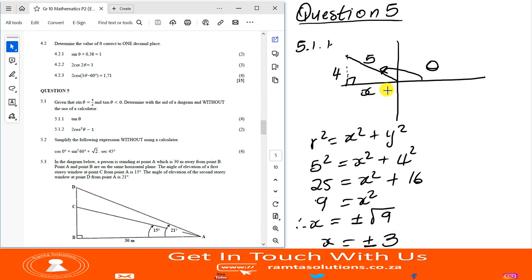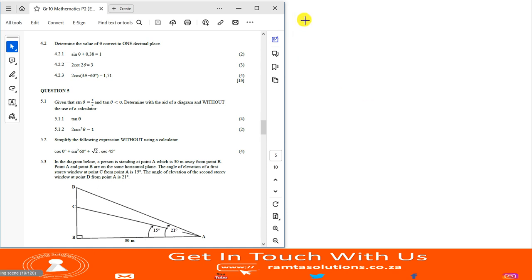However, pay attention, the x value here, you expect it to be negative. Remember, on this side of the y-axis, x values are negative, and on this side they are positive. So we expect our x value to be negative. Now let's conclude. Therefore, x equals negative 3. Happy?